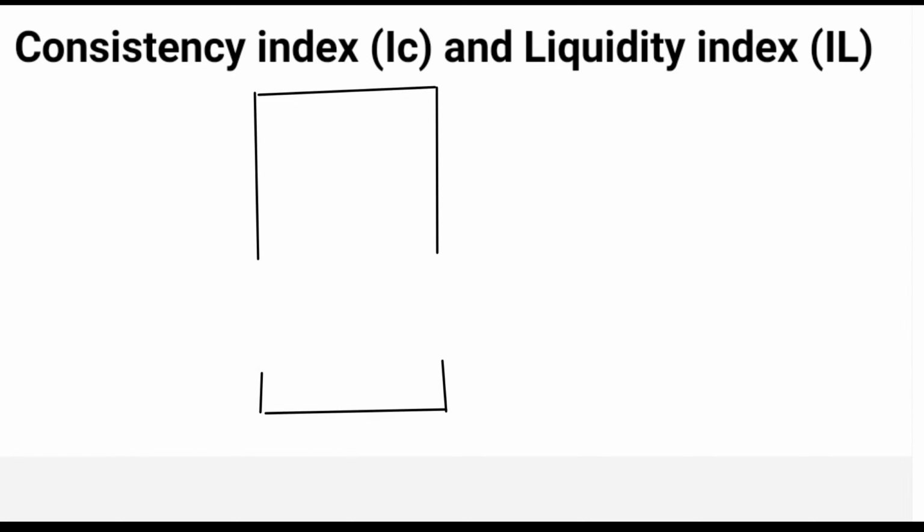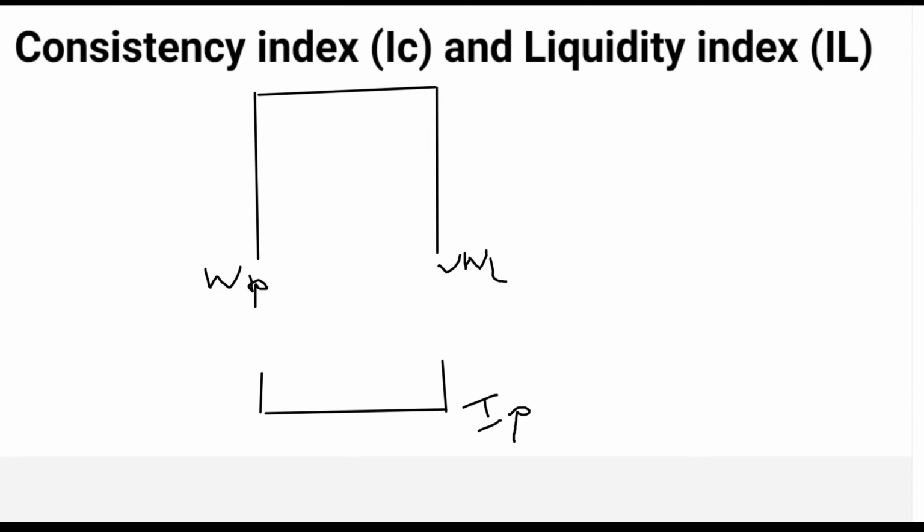Okay, so I'm going to name things here. Here WL is the liquid limit, here WP, and here the difference WL minus WP, which we already discussed, is the plasticity index.